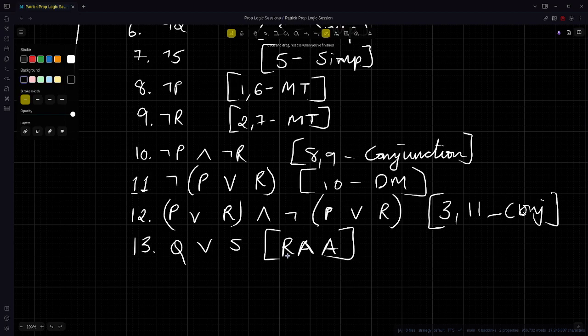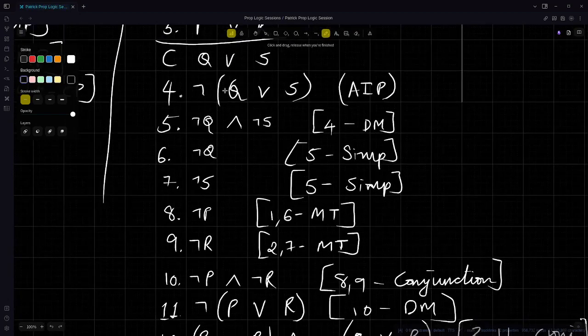So what we did was we took the opposite of what we wanted to show. We take the opposite of the conclusion, and then we show that when you use the opposite of the conclusion, you get a contradiction. Yes. So then the opposite of that conclusion means that it's a valid argument. Yes.